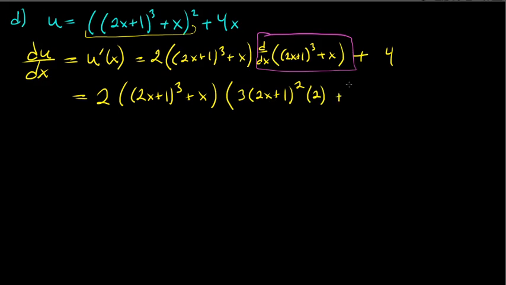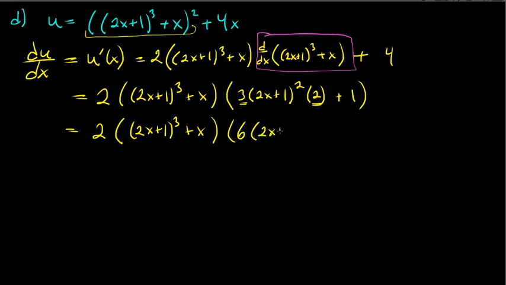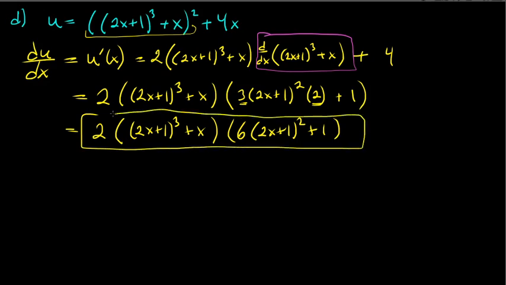And then plus the derivative of x is 1. So not much else we can do here. I would still leave this as 2x plus 1 cubed plus x. And then here, 2 times 3 would be 6. So 6 times 2x plus 1 squared plus 1. And that is good enough.